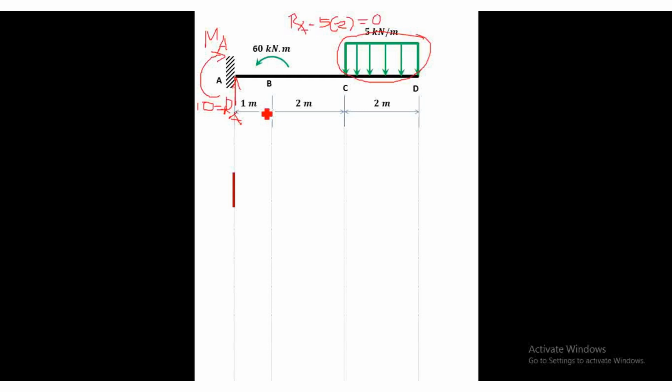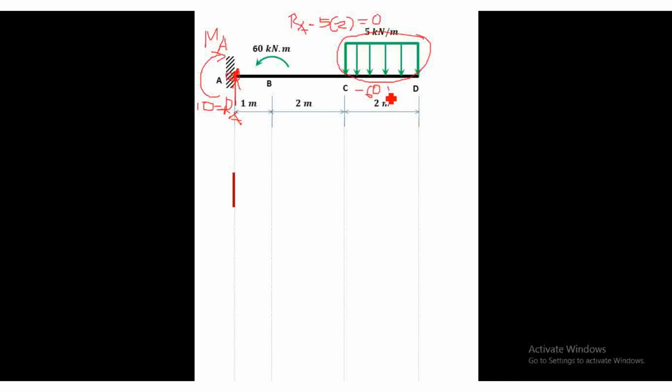Now, inputting this in your calculator, the value of my RA is equal to 10. Right? Yes. Now, if I take summation of moments at this point, dito kay point A, that is counterclockwise C60. So, that ang magiging equation ko dito, minus 60, wala na siyang moment arm kasi this is already a moment. Now, kapag itong distributed load na to na 5 kN per meter, nag-moment kay point A, that is clockwise.